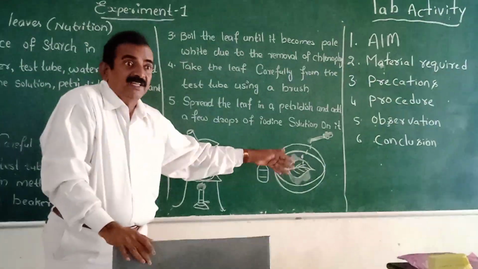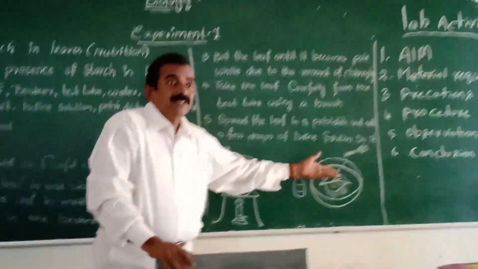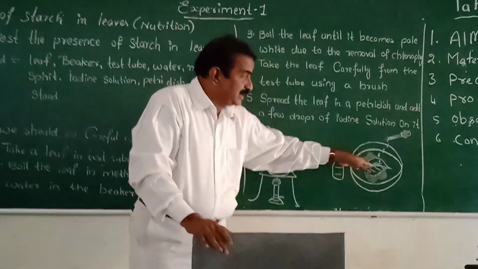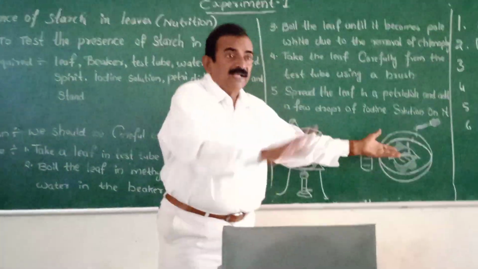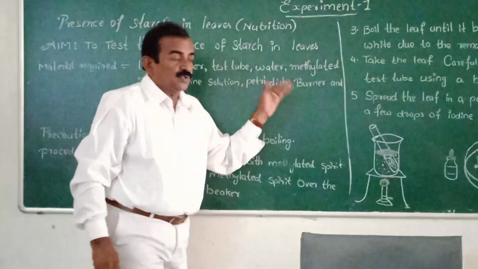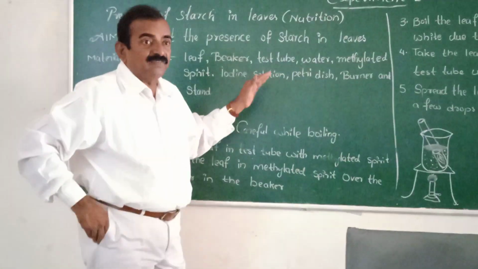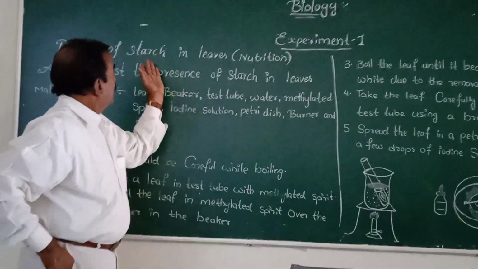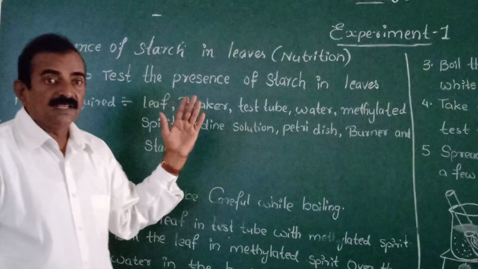If starch is present, it will become blue black. If starch is not present, it does not turn blue black. So leaves prepare food, and that food is starch. In this way we are doing this activity. Today we conducted Experiment 1, presence of starch in leaf.